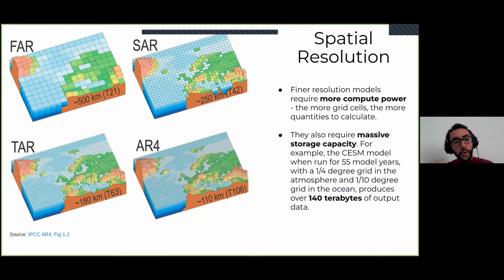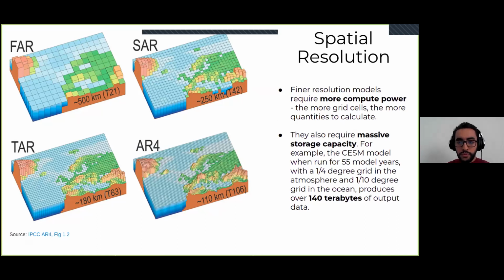So now with more computing power and more storage capacity, we can go further on spatial resolution. As you see here, this is really very coarse, very smooth, and then you go from 500 kilometers to 250 kilometers, etc., until 110 kilometers here in the AR4, and you see that the resolution is better.